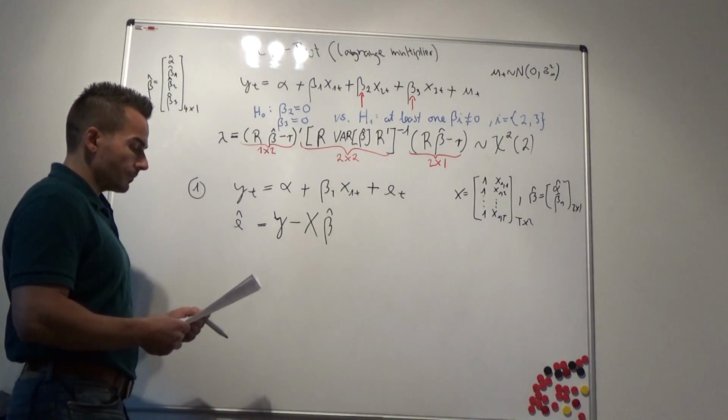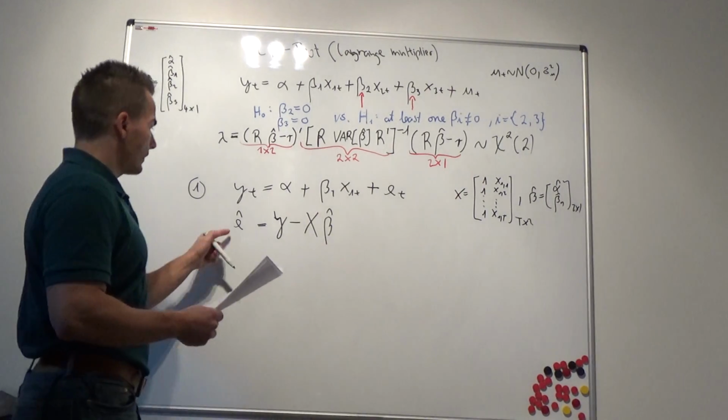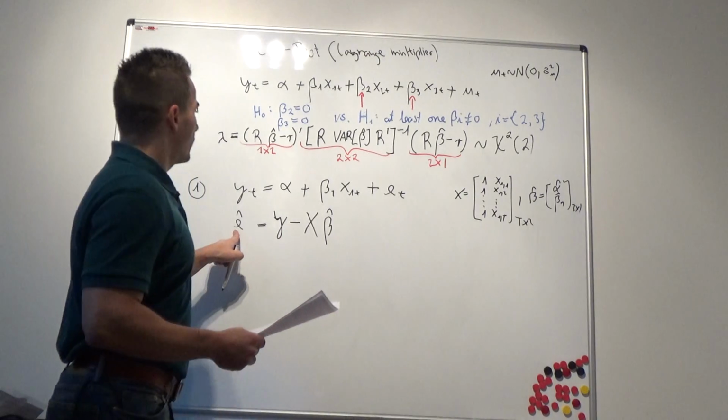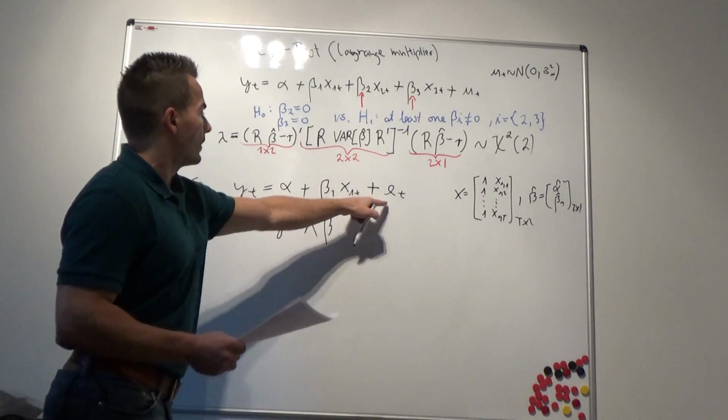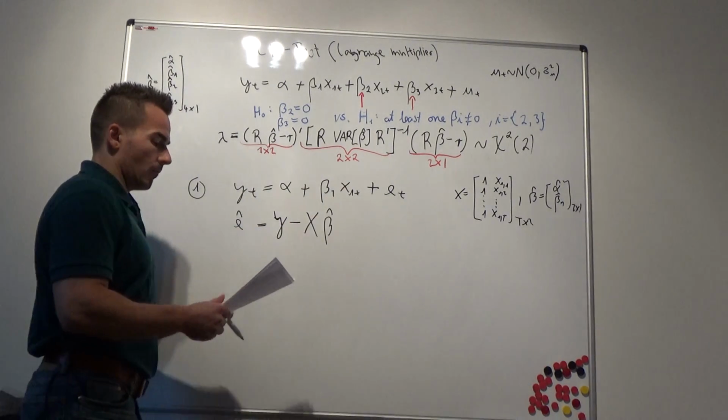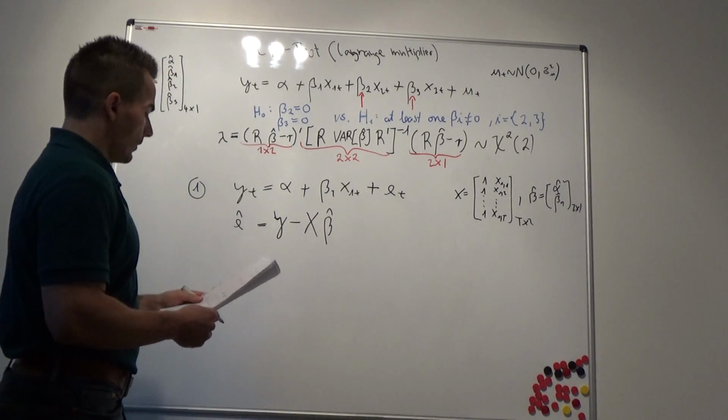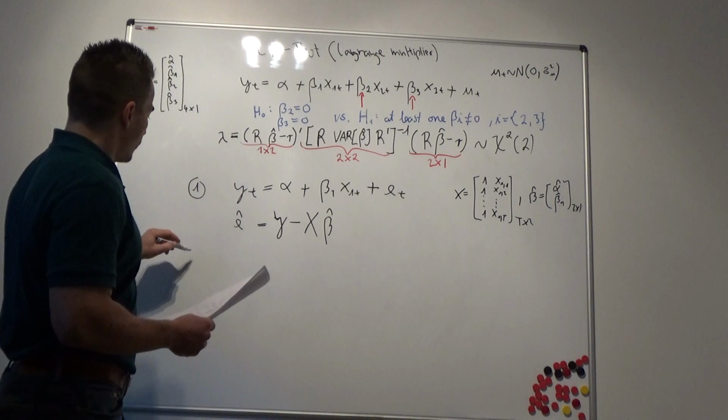That's how we get the estimated vector of residuals from our null hypothesis model.